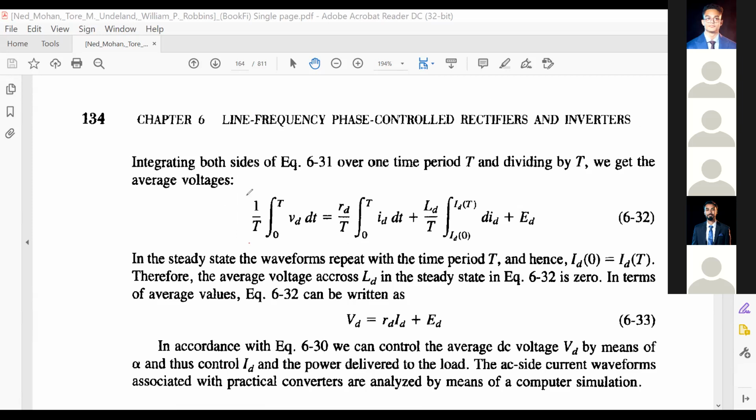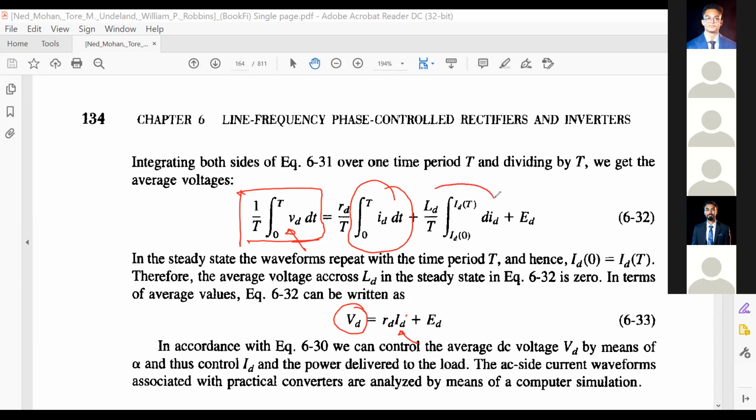So what is this? You are getting the integral of v dt over one cycle and divided by the time period, and then what it should be. Can anyone tell me what is this? It's an average value. And this will also be the average value, right? This is the average value of the ID current.